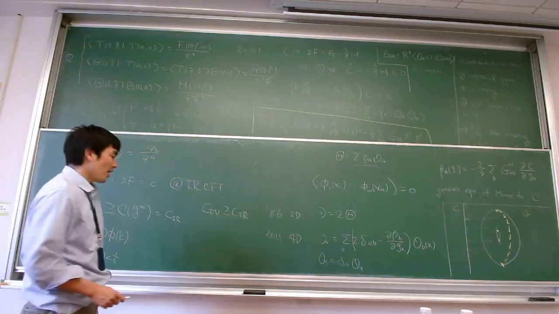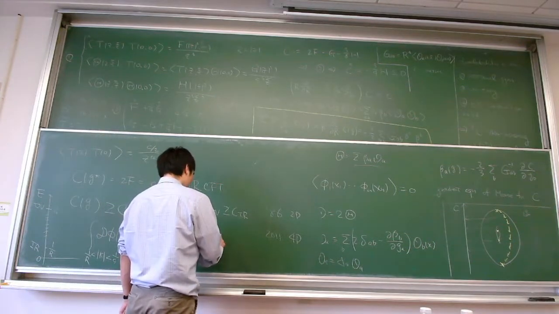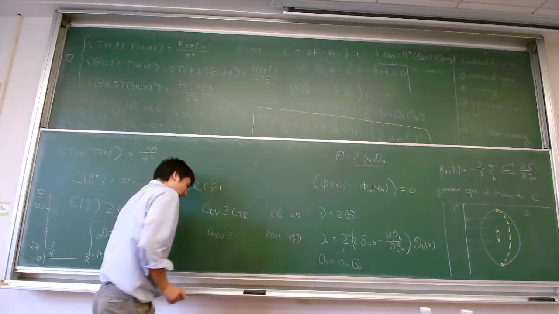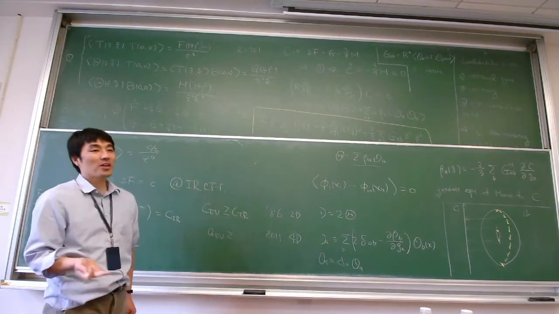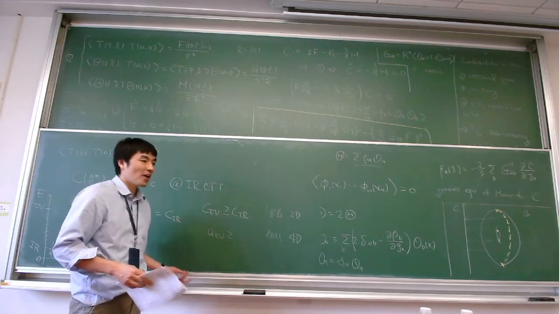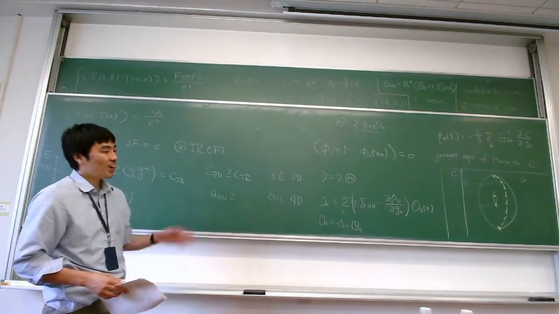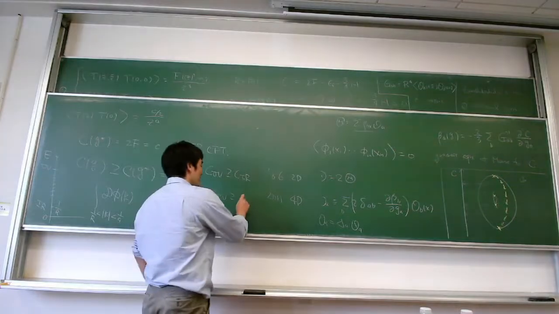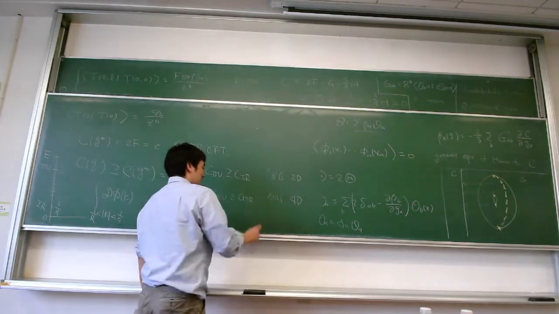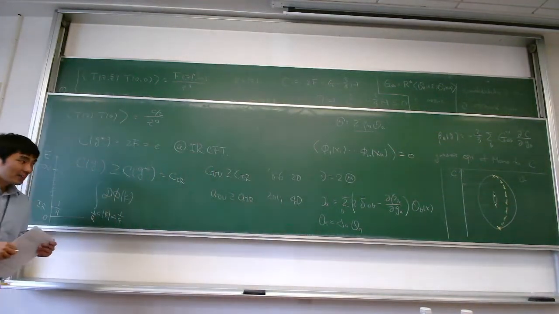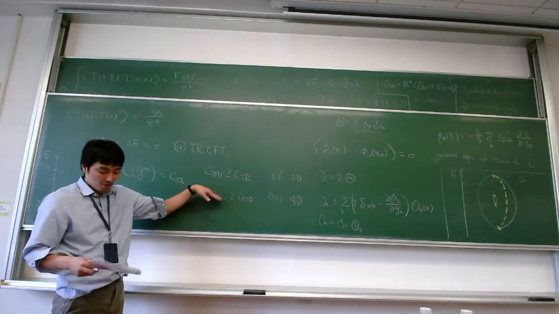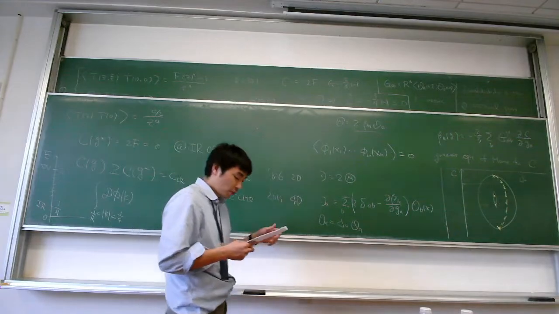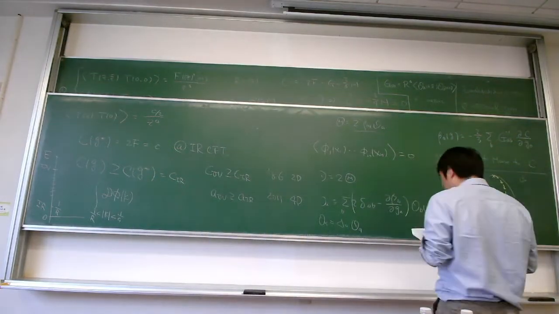There's a quantity called a. In addition to the central charge in 4 dimensions, you can also introduce the so-called a. It's hard to explain if you haven't learned it. You can introduce some quantity similar to the central function C in 4 dimensions.